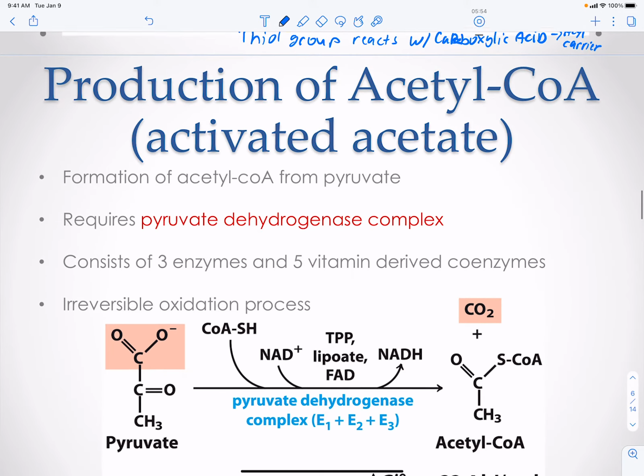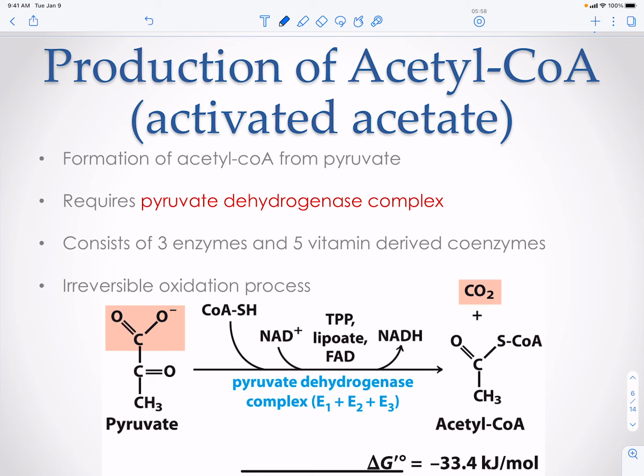So production of acetyl-CoA, which is going to be our activated acetate, is going to come from pyruvate. And again, this is going to require those three enzymes, enzyme 1, 2, and 3. It's also going to need 5 vitamin-derived coenzymes. So we're going to require our thiamine pyrophosphate. We're going to require our FAD, our flavin adenine dinucleotide.